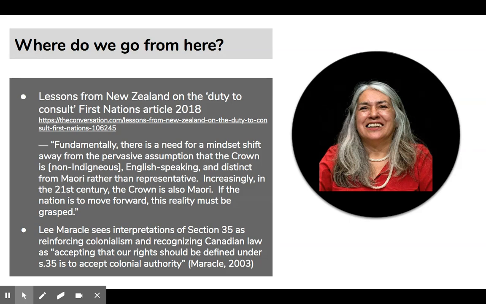In this way, Section 35 might not be interpreted as restricting Indigenous people into a colonial box, but actually giving them a unique set of rights to self-determination and sovereignty in addition to the rights they have been granted under the Constitution.